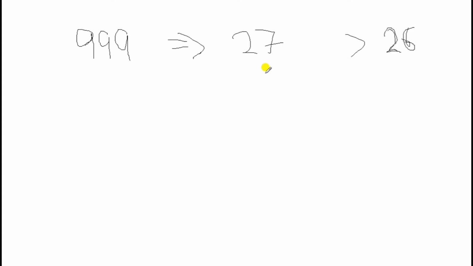It is clearly not lying between 1 to 26 as it is bigger than 26. So we have to process the addition again here and add these two digits. So 2 plus 7 equals 9. Now we have to check if 9 is between 1 to 26 or not. So 9 is between 1 to 26, and the corresponding alphabetic code to it will be I.